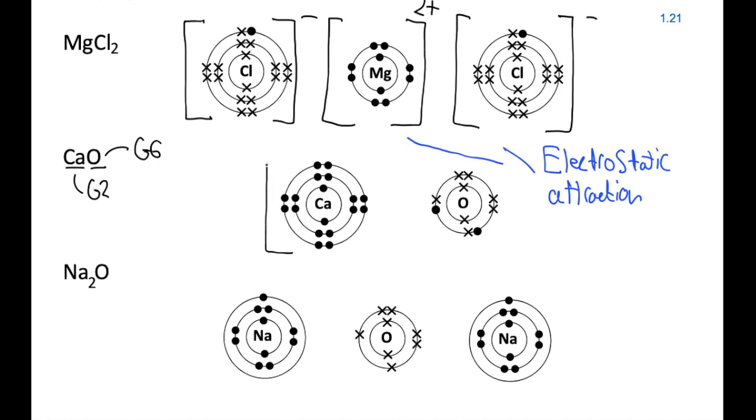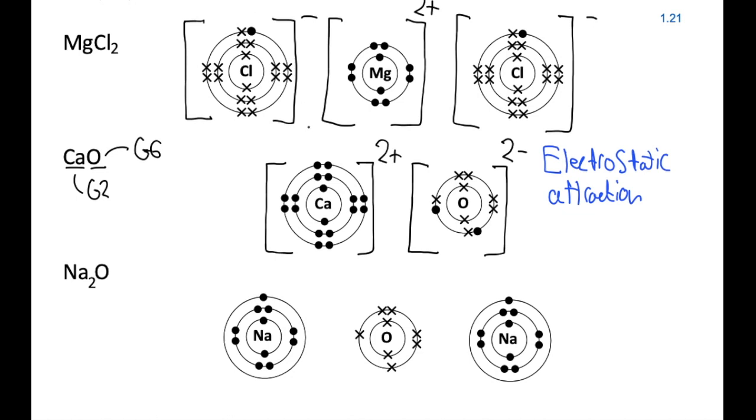And what we have is a 2+ calcium ion formed, and a 2- oxide ion. These ions attract each other, and this is how the ionic bond forms. And we draw brackets around the ions and have the charges written above them.